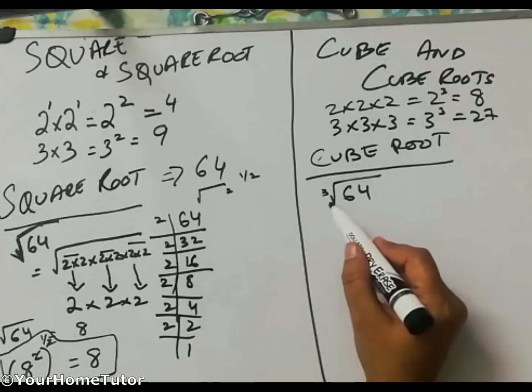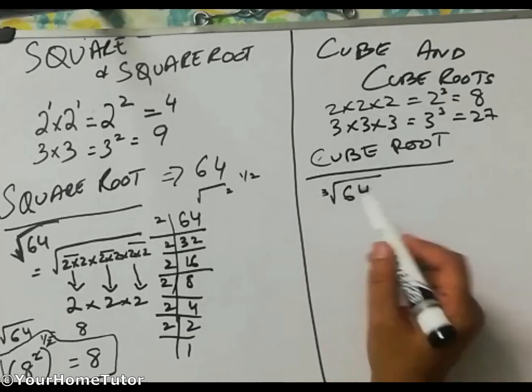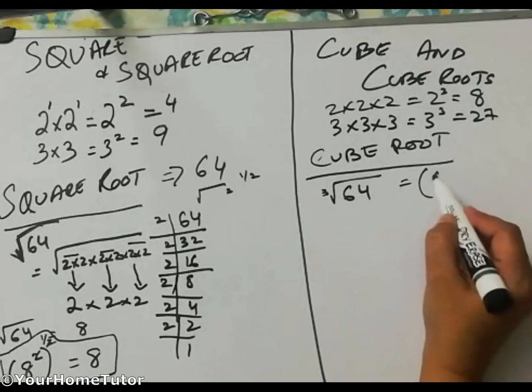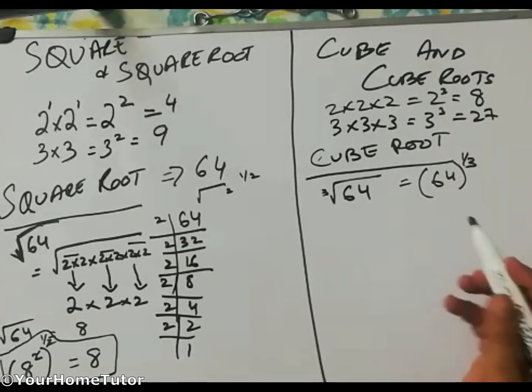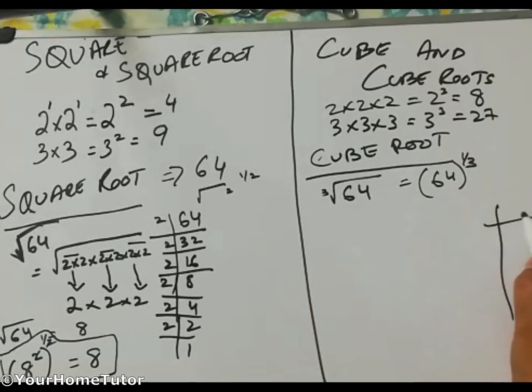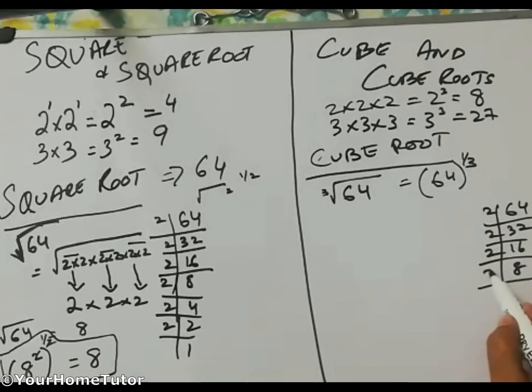Small 3 means the power is 1 upon 3, or 64 raised to the power 1 upon 3. Similarly, we make the prime factors: 64, 2 32s, 2 16s, 2 8s, 2 4s, 2 2s, and finally 1.